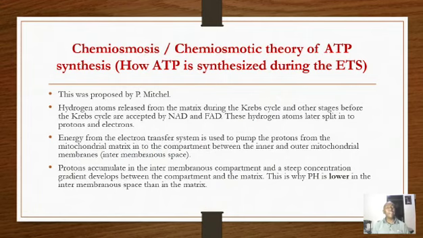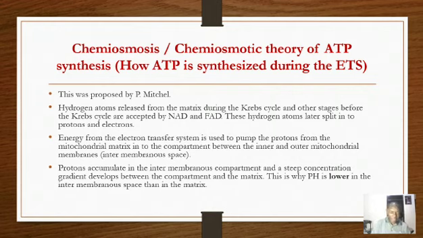We now move to chemiosmosis, or what we call the chemiosmotic theory of ATP synthesis. We have seen the electron transport system, the ETS, and we said that when electrons are being transferred from one carrier to another, ATP is formed or liberated. We also noticed that when hydrogen atoms were transferred from the NADH2 to the FADH2, before going to the CoQ, there was also liberation of ATP.